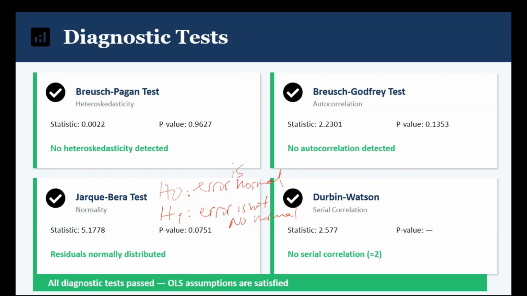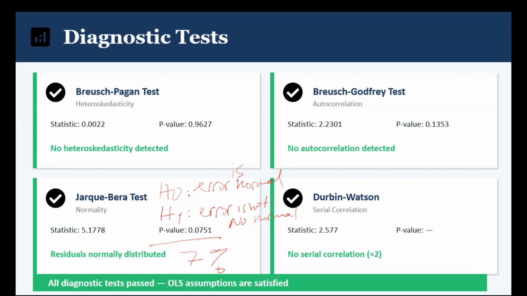Are we together? If I have a p-value of 7%, will I reject or will I fail to reject? Reject. Oh, that's good.